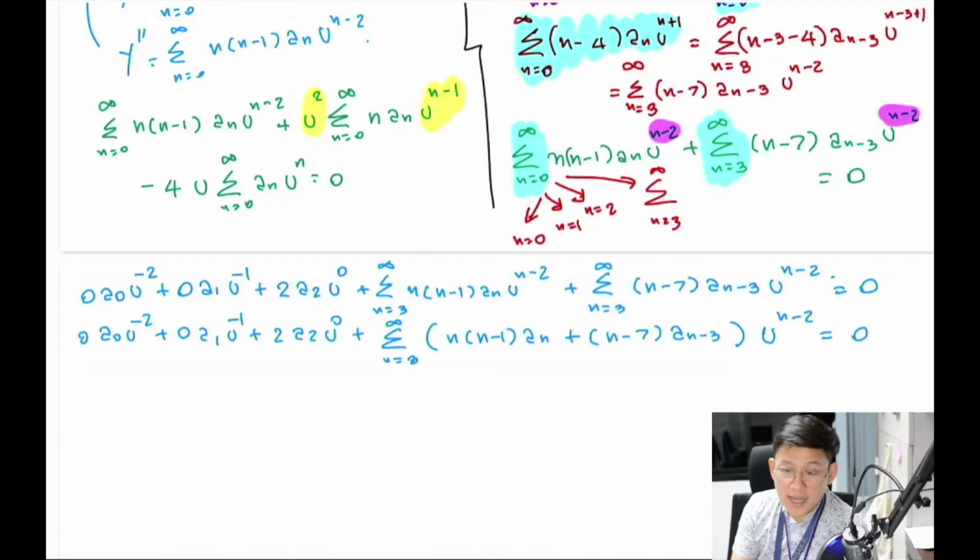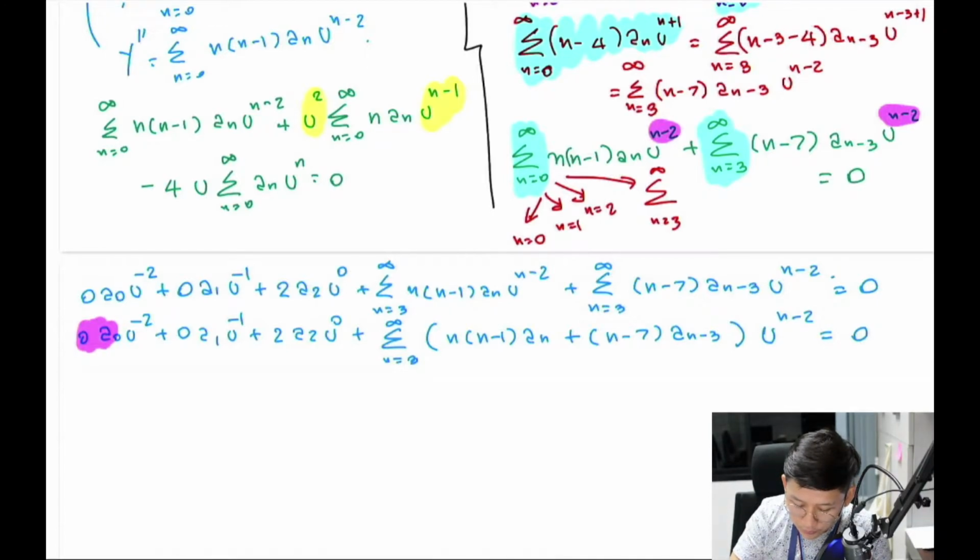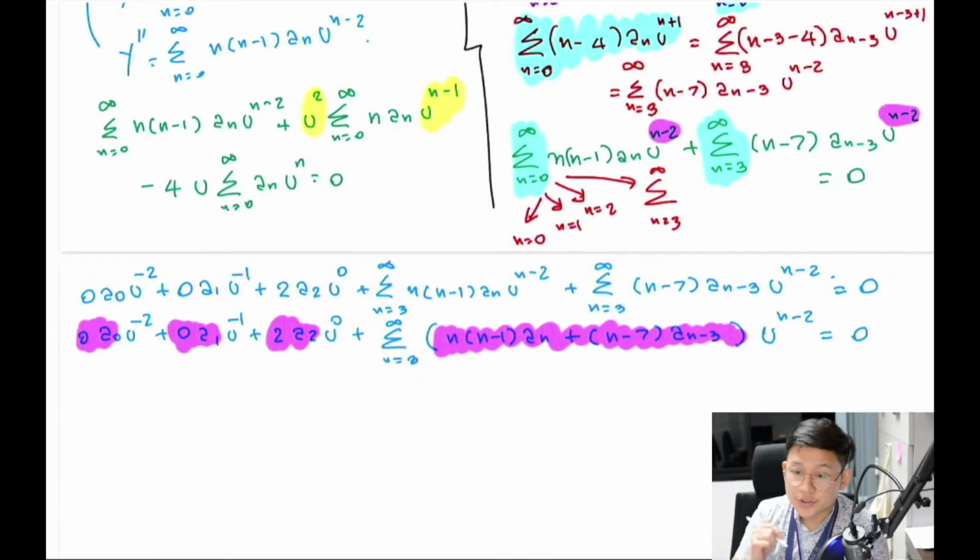After that we use the property that the coefficients of u are 0.